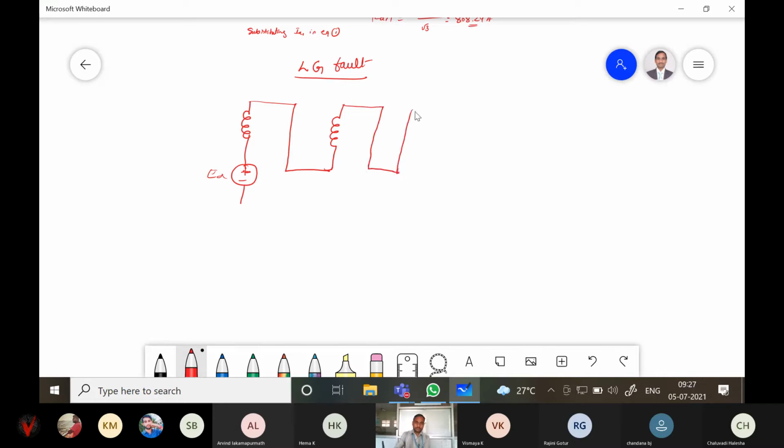This combined sequence network has x1, x2 and x0, and the currents flowing are IA1, IA2 and IA0.